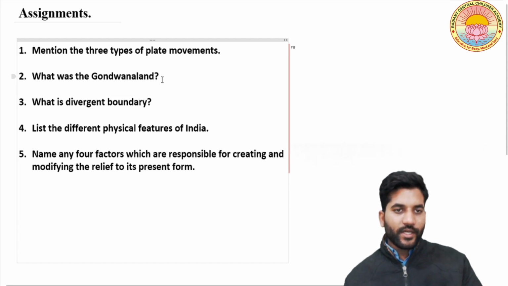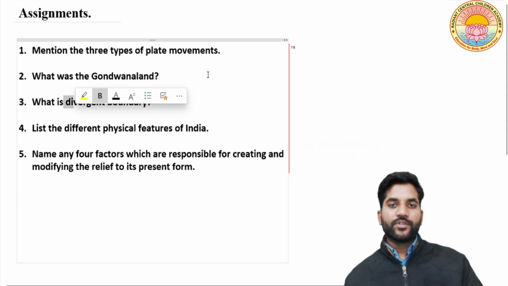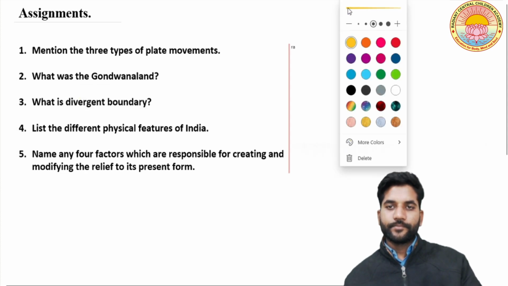What was Gondwana land? Gondwana land was the oldest landmass. India was part of that. The third question is, what is a divergent boundary? I had described that. When the plates go away from each other, they form the divergent boundary.